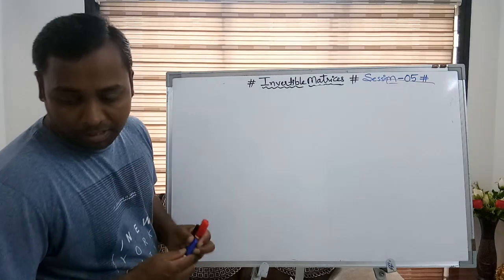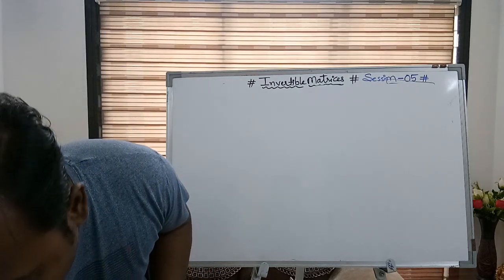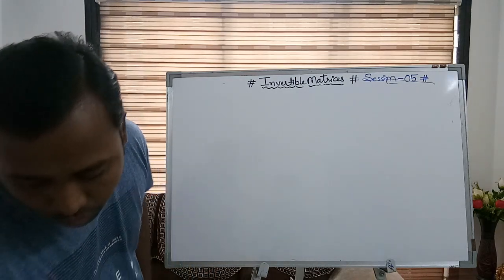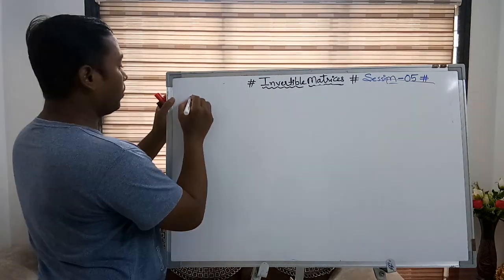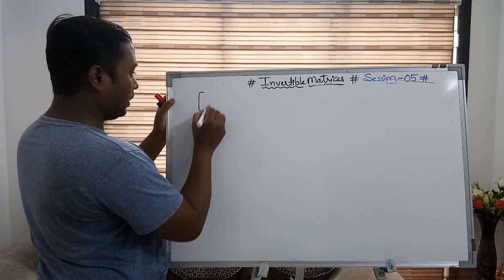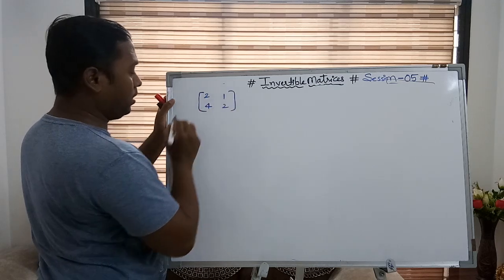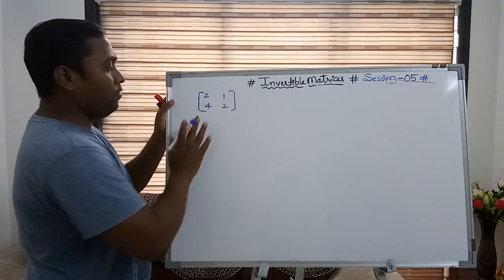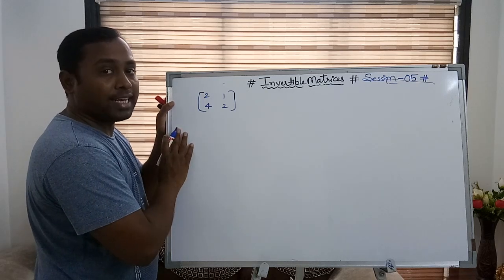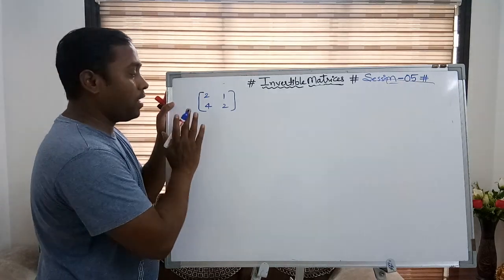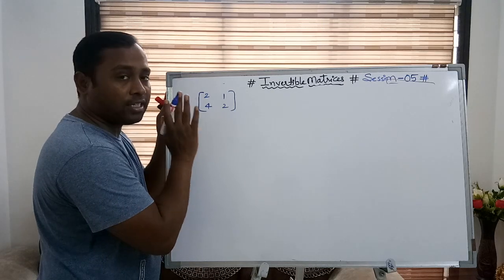Okay, now I am taking one question here. Question number 14, matrix 2, 1, 4, 2. Find the inverse of this matrix if it exists.